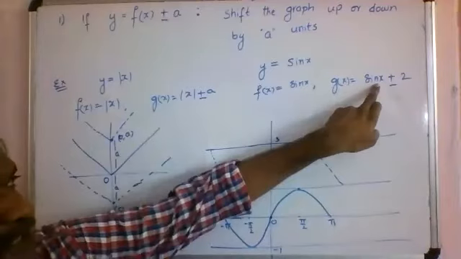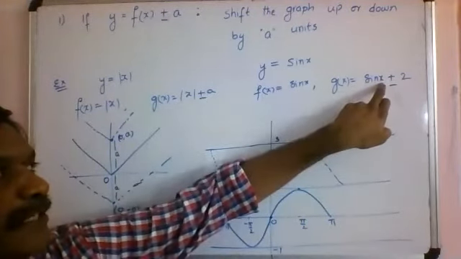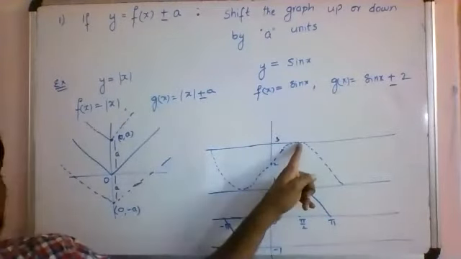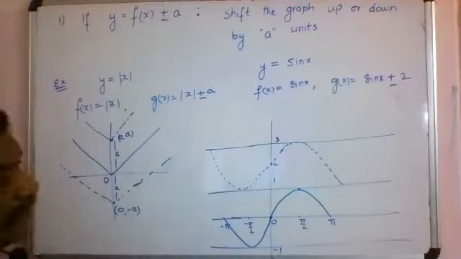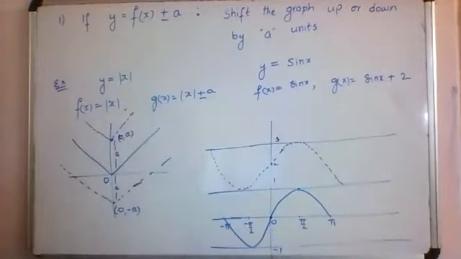If you put sin 90 here, sin 90 is 1, and 1 plus 2 is 3. When I put x is equal to 90, the y value should be 3. Like that. And similarly, for minus 2 you can draw it down like that.